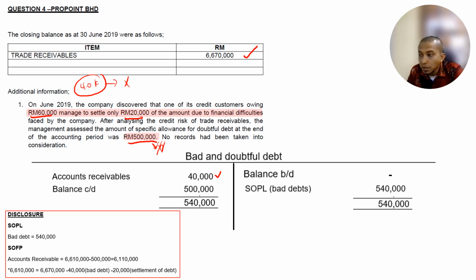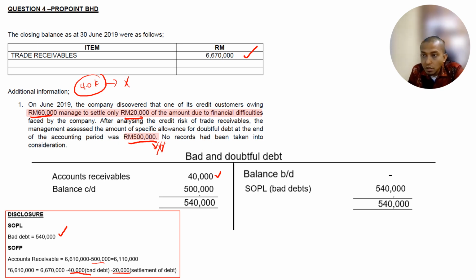So we just balance it up and we get the statement of profit or loss figure, which is 540,000. So we put it as a normal expense here, and then for account receivable, we minus 500,000 here. So you see how we get the 6,610,000 here: it is after minus the bad debt and 20,000 of settlement.